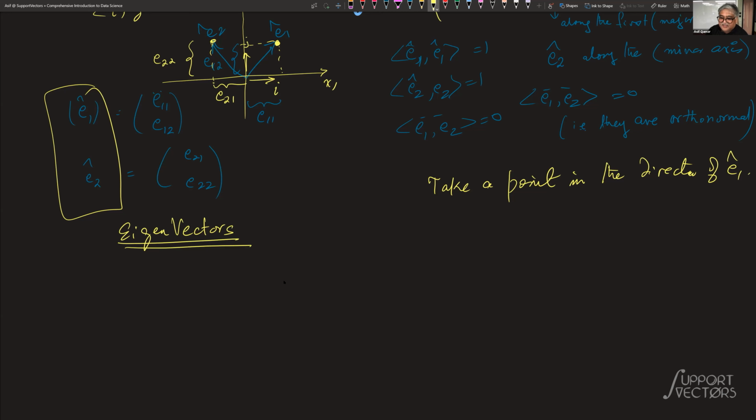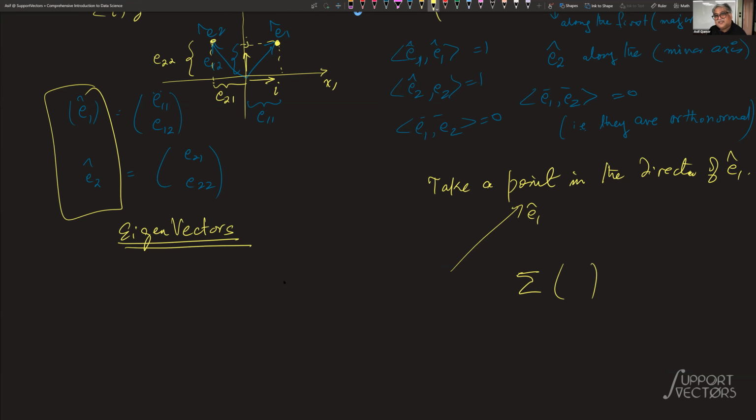Any point in the x1, x2 feature space along that direction, then apply your covariance matrix to that point.